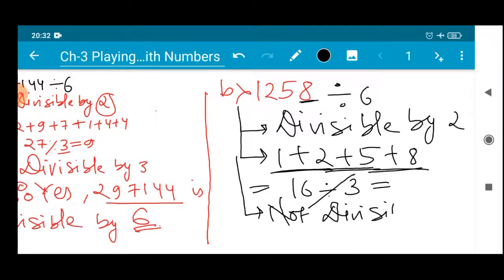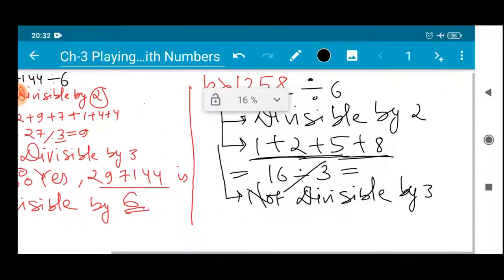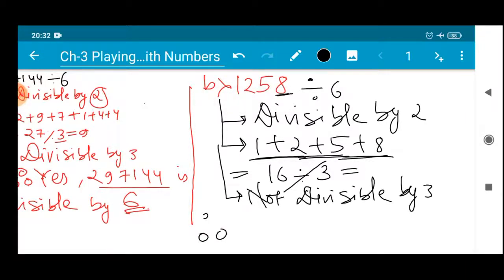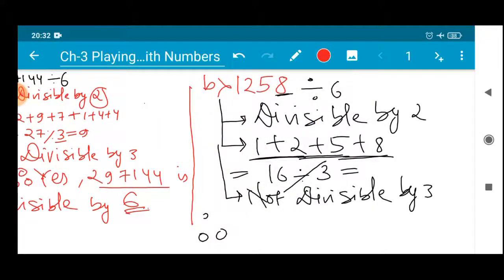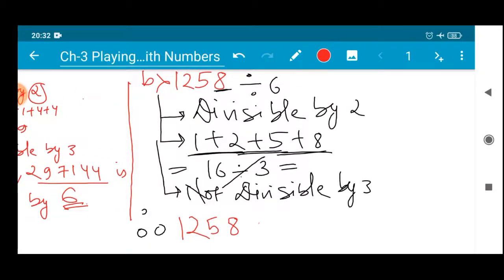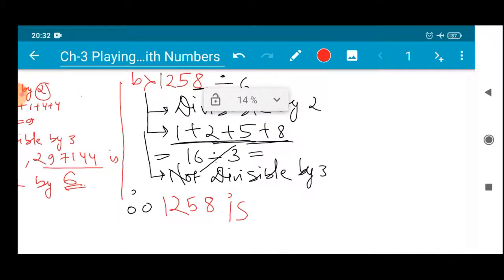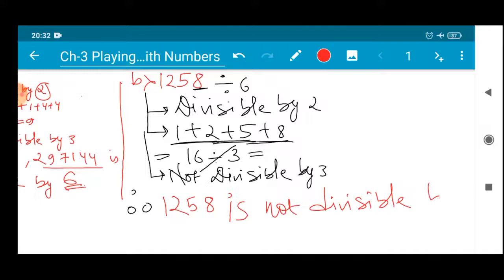In such a condition, we are going to write that therefore 1258 is not divisible by 6. Why? Because the given number is not divisible by 3.